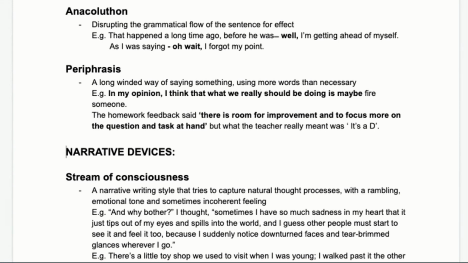I was reading The Hobbit to someone the other day, J.R.R. Tolkien, the guy who did Lord of the Rings. Really, really good book if you've not read it. I recommend it. And I was just reading the first couple of pages, and he's sort of going on about hobbits and what they are and how they live and kind of personality they have. And then halfway through the sentence, he uses Anacoluthon and he stops himself and he says, "What is a hobbit?